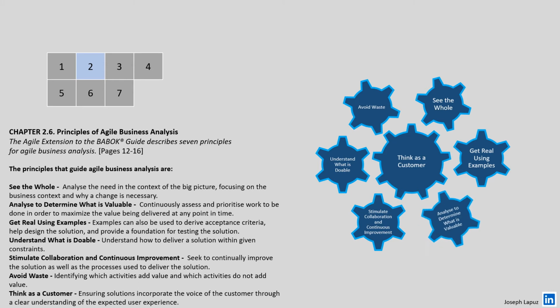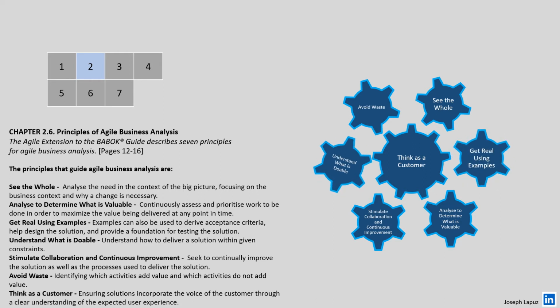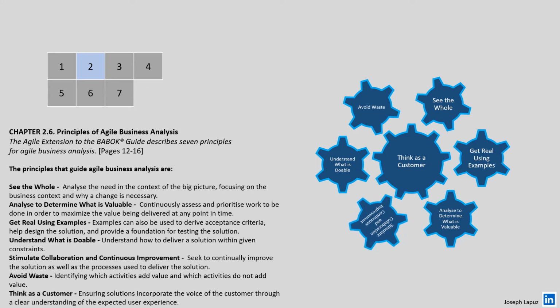3. Get real using examples. Examples can also be used to derive acceptance criteria, help design the solution, and provide a foundation for testing the solution. 4. Understand what is doable. Understand how to deliver a solution within given constraints. 5. Stimulate collaboration and continuous improvement.